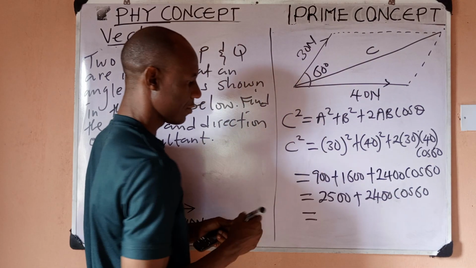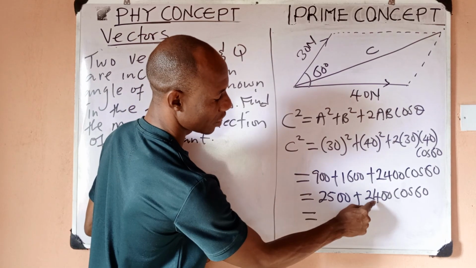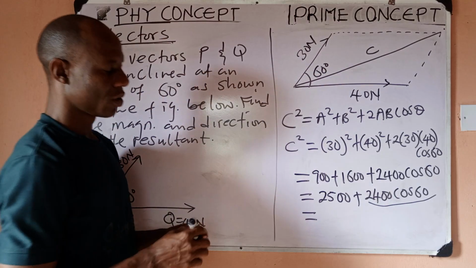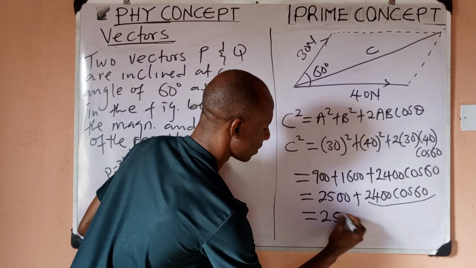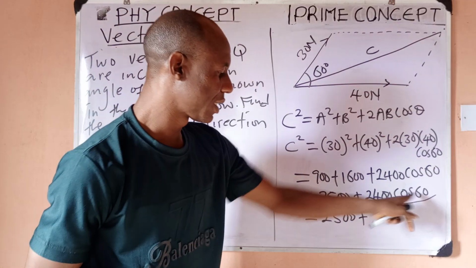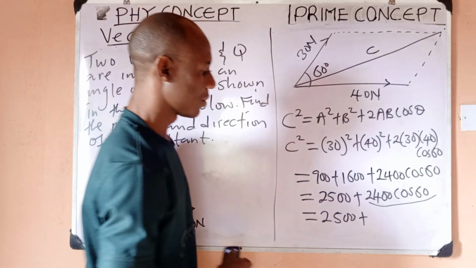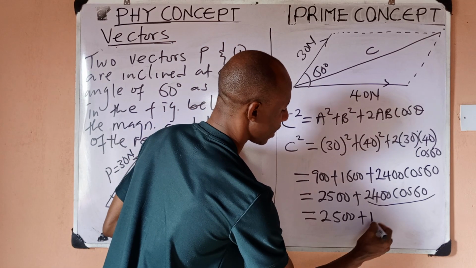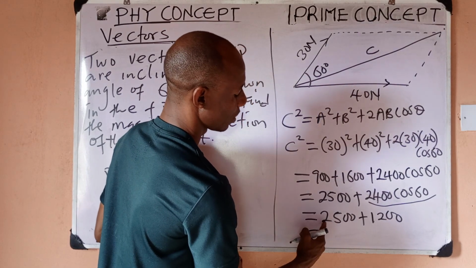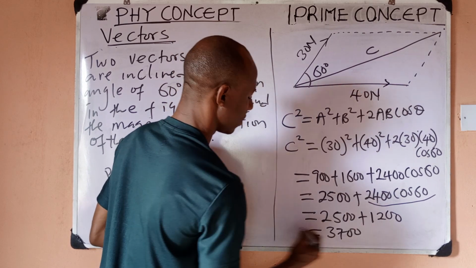Of course, in mathematics, you don't say 2500 plus 2400; you have to solve this first. So I have 2500 plus, cos 60 is 0.5. 0.5 times 2400 is going to be 1200. So this is going to be 3700. So this is C squared.